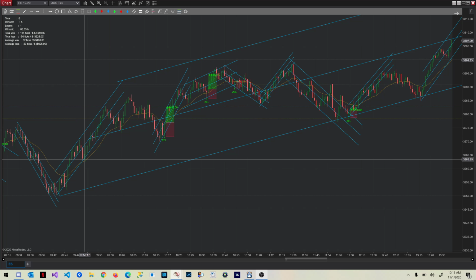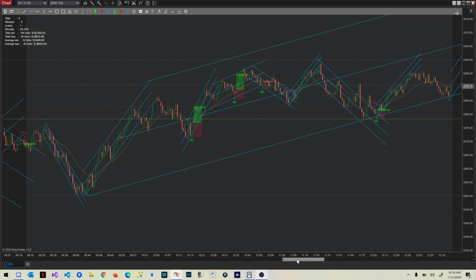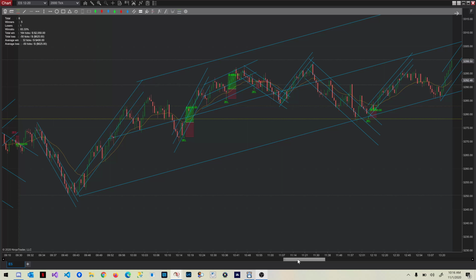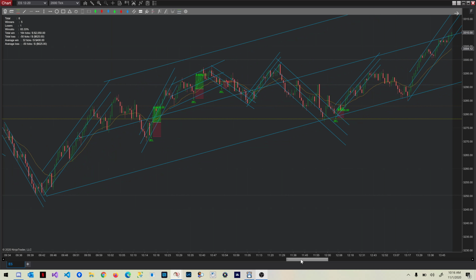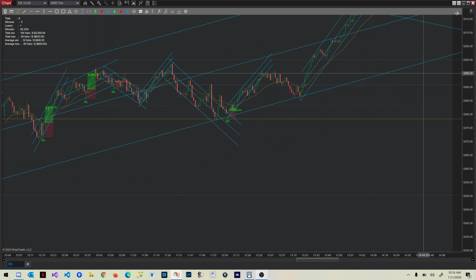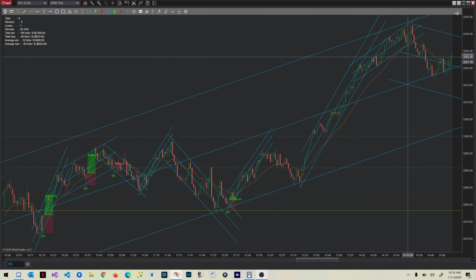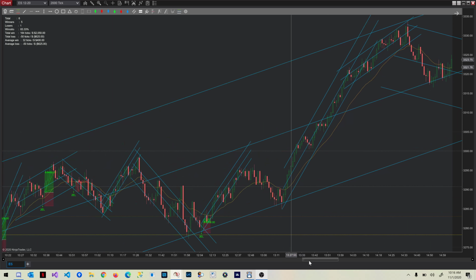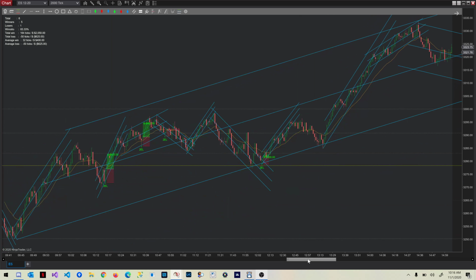So this would be a perfect spot to get in. And the only thing he added was that the pullback should be an ABC or a two-legged pullback, and that's basically our entry. So a two-legged pullback with the trend. That's his base entry, and I think we should make that clear in the video.